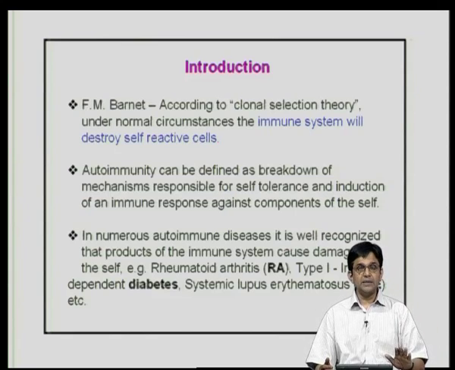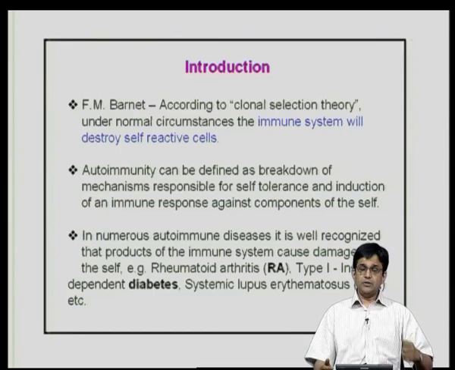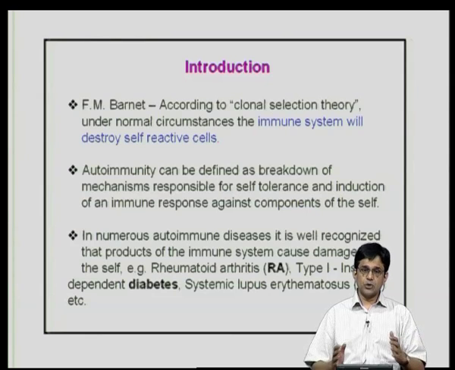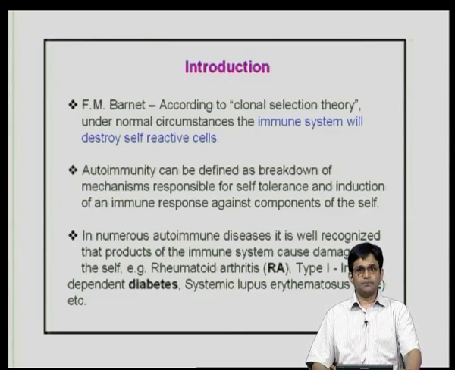In type 2 diabetes insulin is there, but the insulin receptors are not responsive, as a result of which glucose does not get pumped inside the cells. So, the diabetes that we are talking about is the insulin dependent type 1 diabetes.